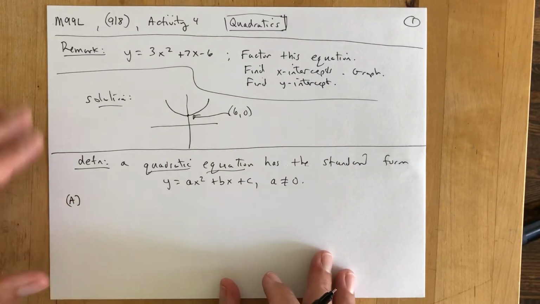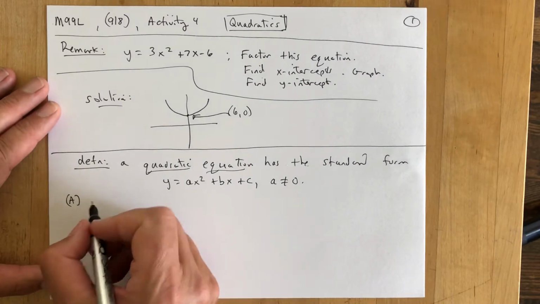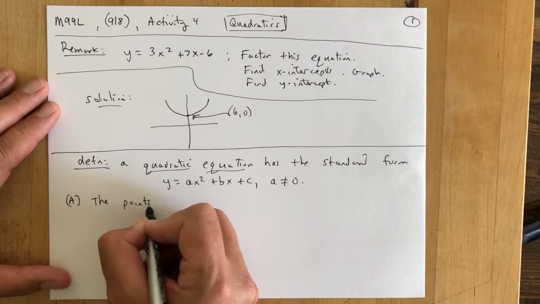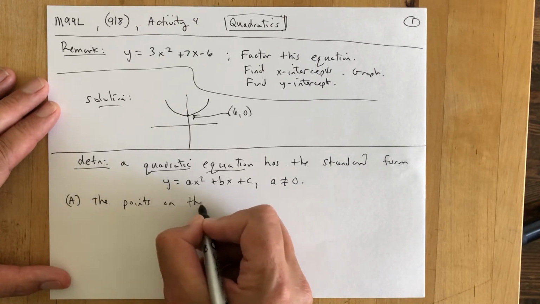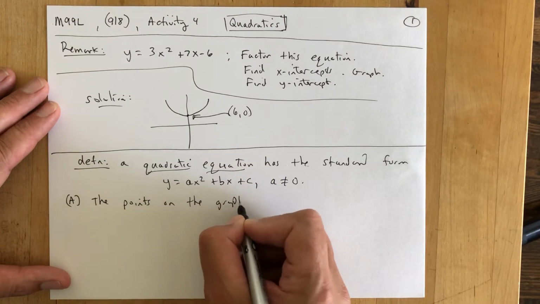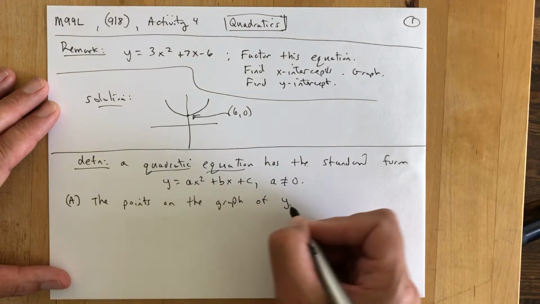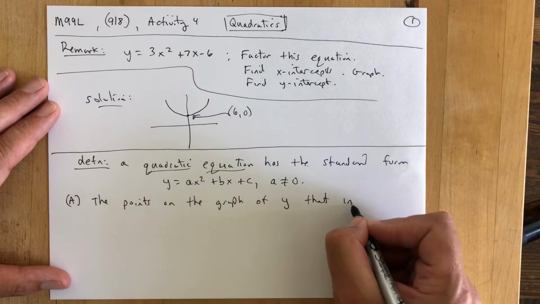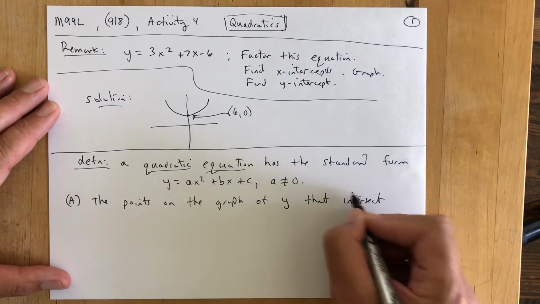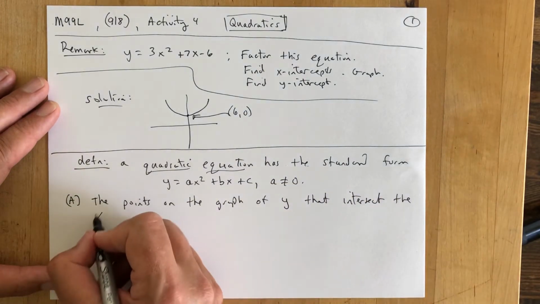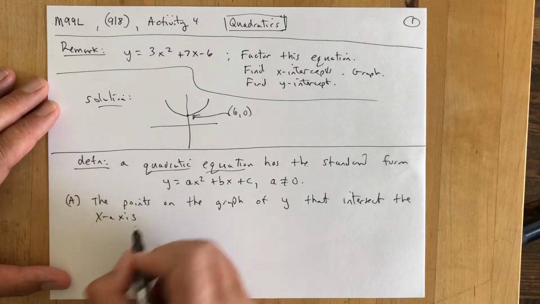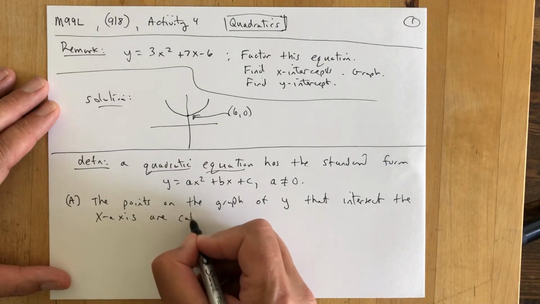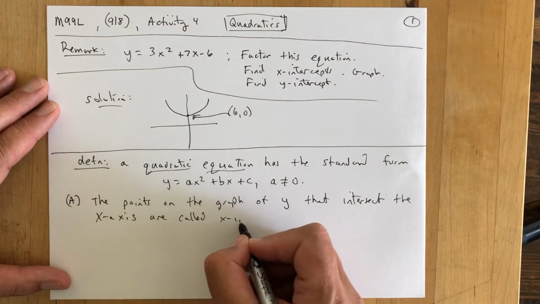Okay, so trying to make this as clear as possible. The points on the graph of y that intersect the x-axis are called x-intercepts.